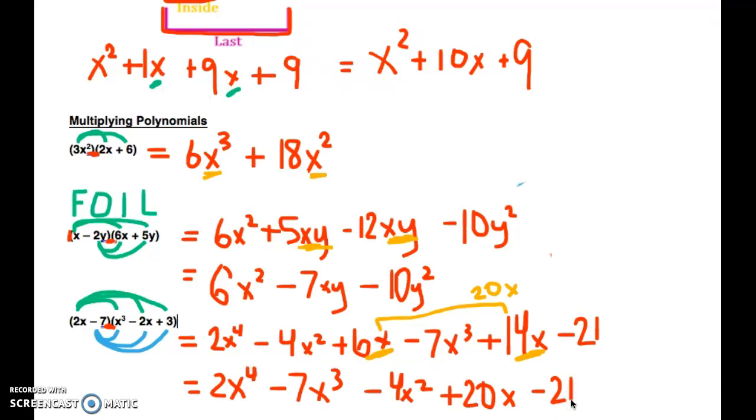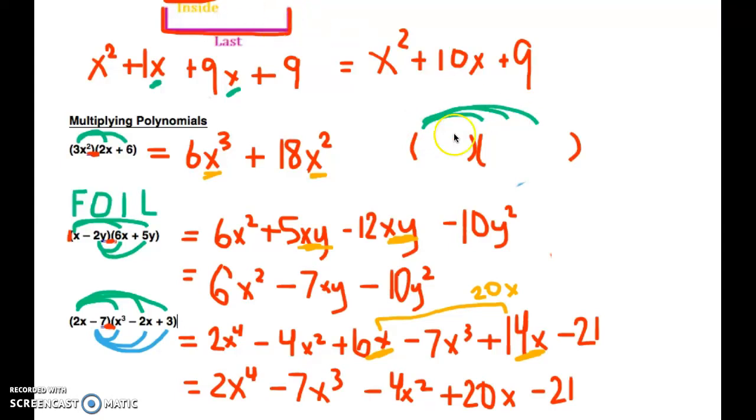So just as a reminder, when you have your parentheses right next to each other, just like this, remind yourself, even if there's no symbol there, that this means we are multiplying. And then, as a quick reminder, you take the first term and you multiply it by every term in the second parentheses.